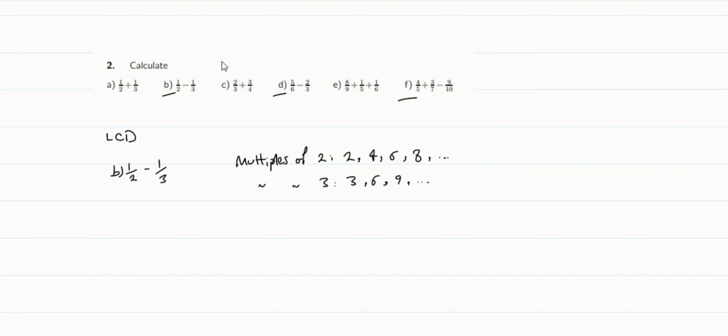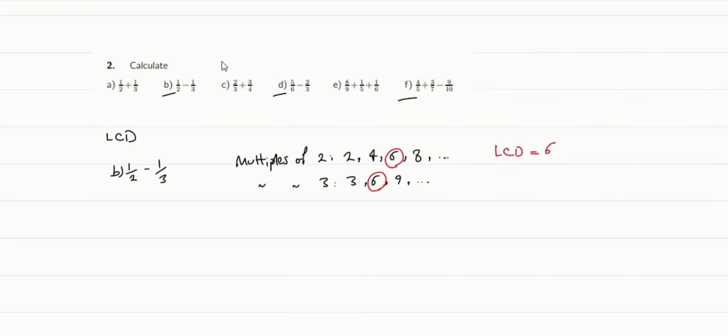As you can see in these numbers, we can see that the number 6 in here is the least common one. So we would consider this as the LCD, which would be equal to 6.